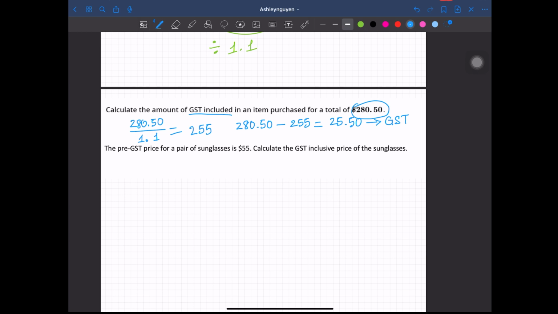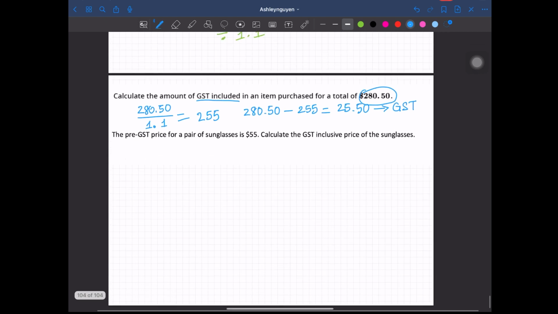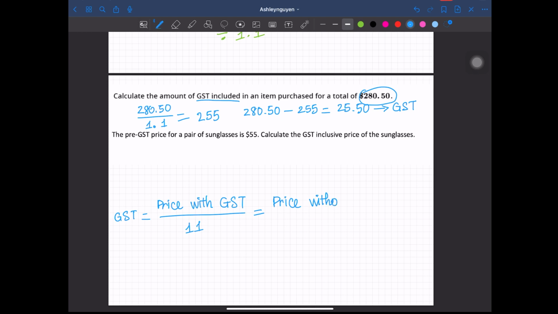However, there is another formula that gives you the amount of GST straight away. So GST equals the price with GST divided by 11, and equals the price without GST divided by 10.